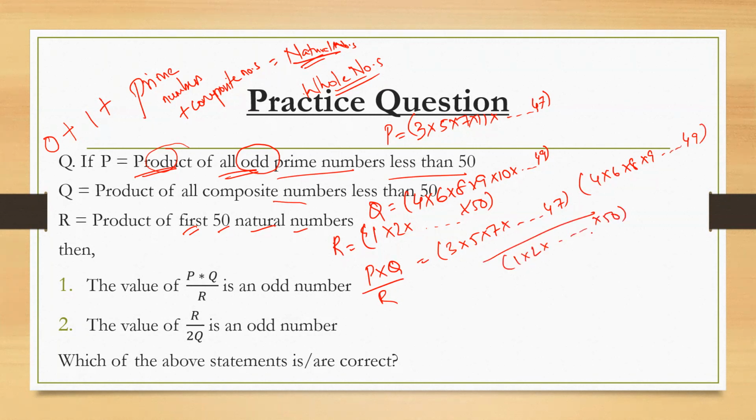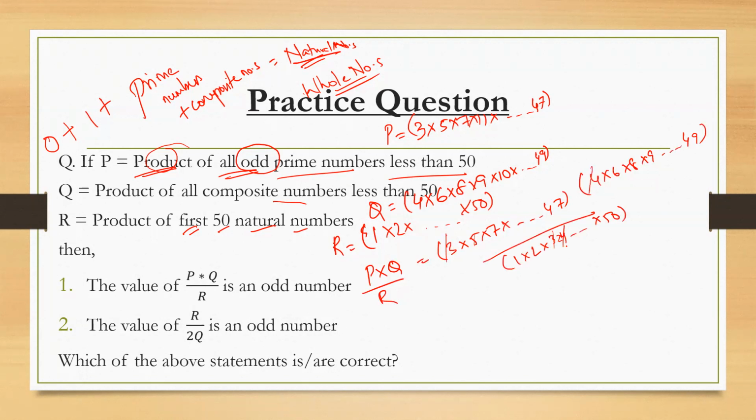Okay. Now, if you see here, what are the elements that will be left here? Here you have 3, here you will have 4. So 3 and 3 will cancel each other out. 4 and 4 will cancel each other out. 5 and 5 will cancel each other out.